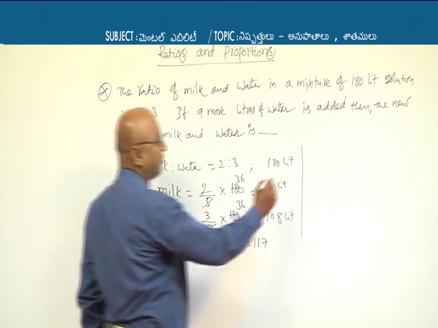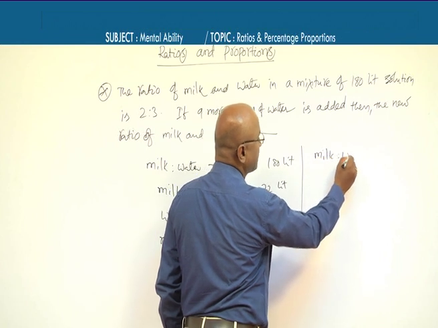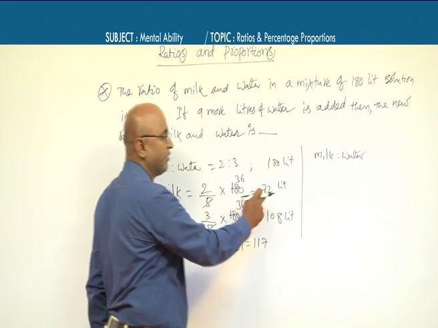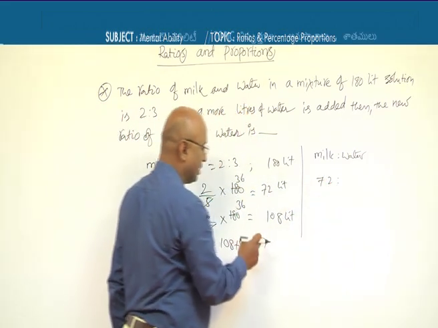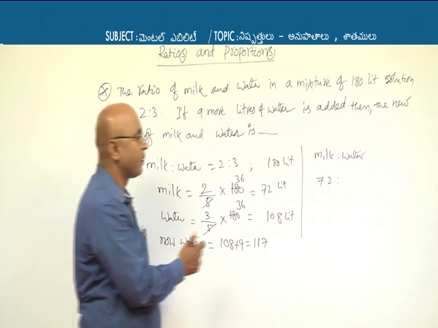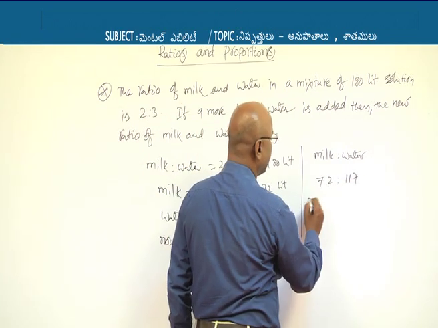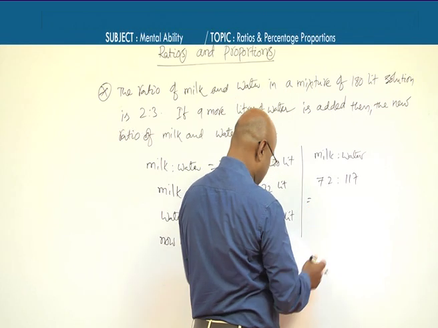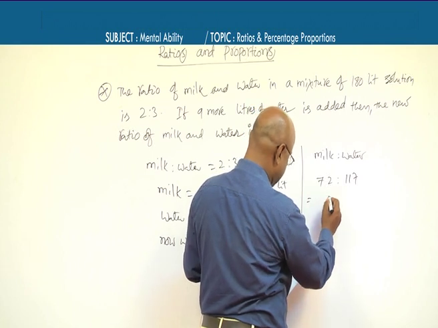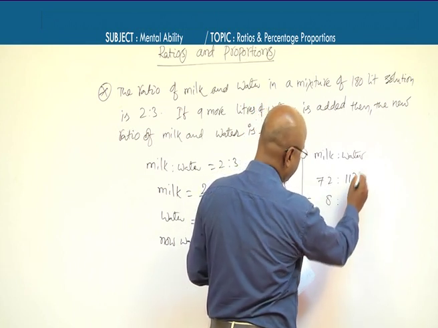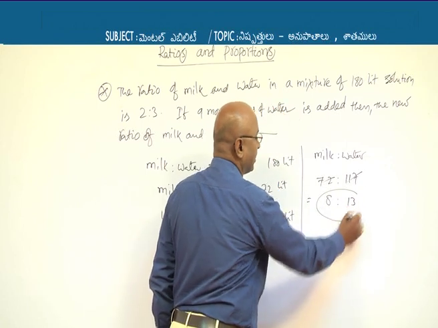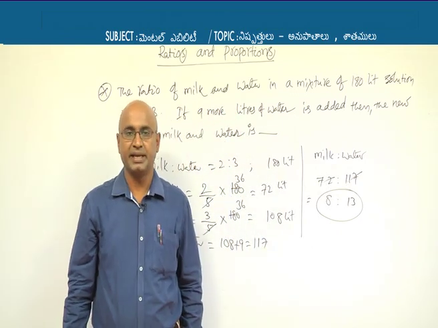Now the ratio of milk and water is, మిల్క్ క్వాంటిటీలో ఎటువంటి చేంజ్ లేదు, దట్ ఈజ్ 72 ఓన్లీ. 72 ఈజ్ టు 117, దట్ ఈజ్ ఈక్వల్ టు 9 8s are 72 and 9 13s are 117. Now the new ratio will become as 8:13.